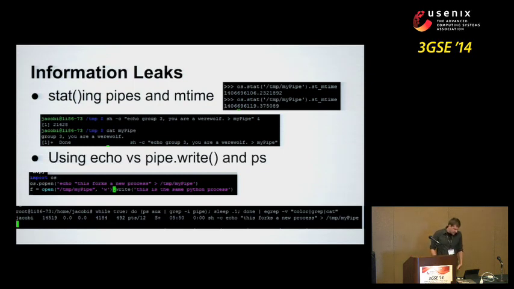So if you look here at this screenshot, can you guys see my cursor there? What you see there is an incriminating string being piped to one of the named pipes. And so one possible attack is to look at the modification time of that pipe, and you'll see here that it changes ever so briefly.